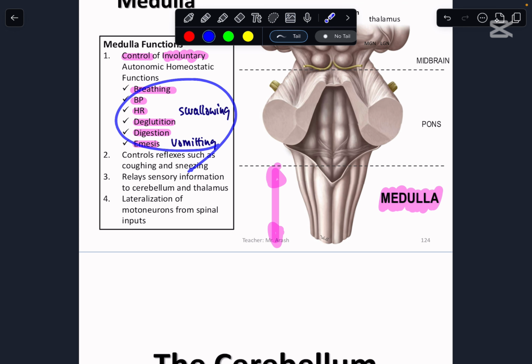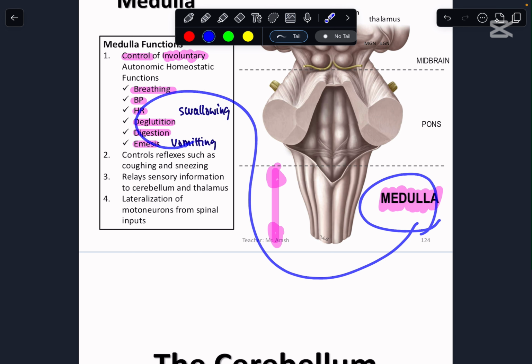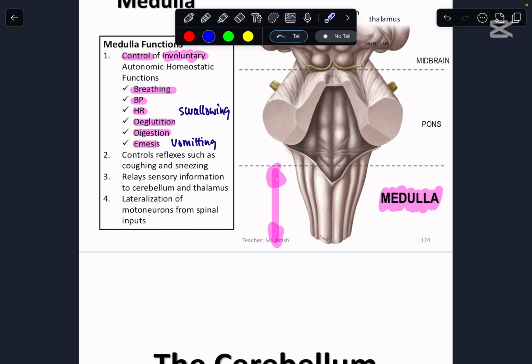Essentially things that you have no control over, right? So when you breathe, as I mentioned, believe it or not, you don't really have control over breathing in, blood pressure, heart rate, deglutition. So medulla is very famous for involuntary control of some of these actions.